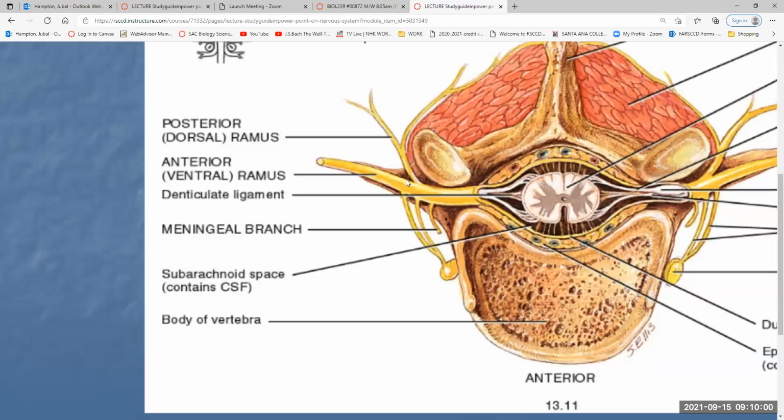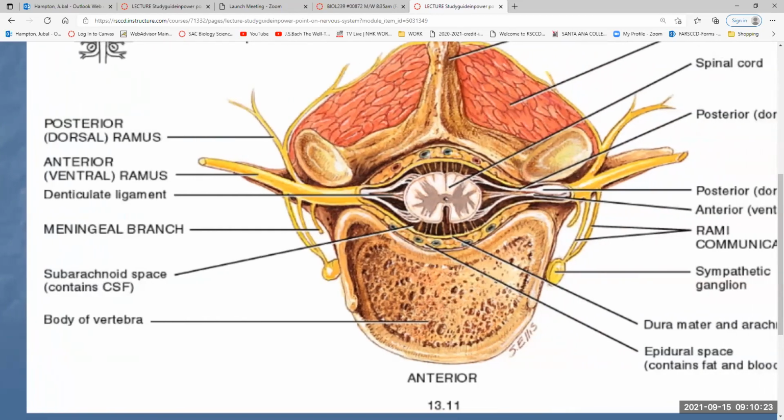These are just two branches that are being formed coming off of the spinal nerve. So ramus is just a fancy word saying, I'm a branch off the spinal nerve. And so you've got two for orientation's sake, dorsal and ventral, all right?